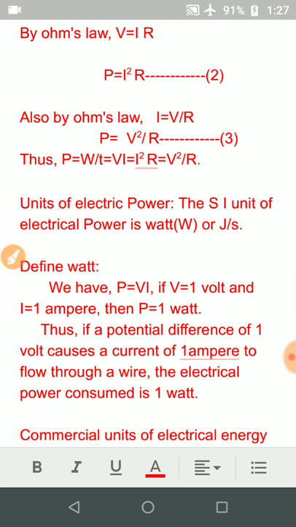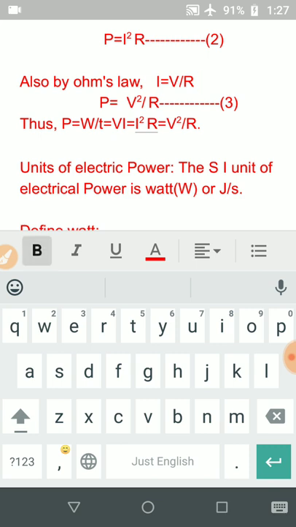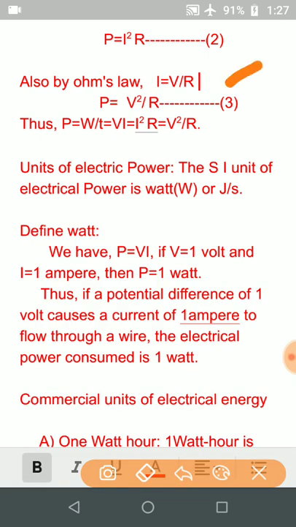Also by Ohm's law, I is equal to V by R, and substitute here, equation 2 implies power is equal to V square by R. Yes friends, so these are the three formulas to find how much power is consumed in electrical appliances. The formulas are P is equal to V into I, or W by T, and then I square R, and then V square by R.